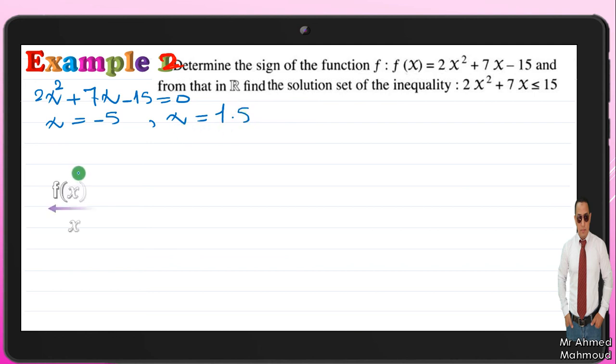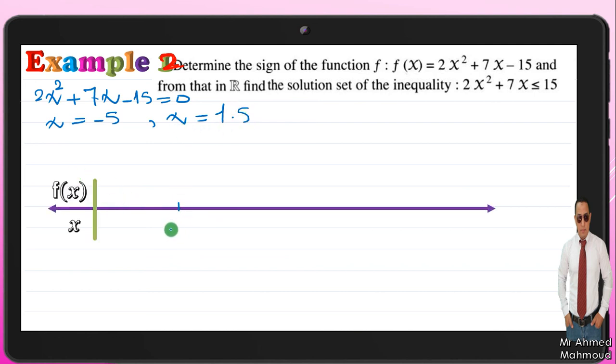Okay, the number line, negative 5 here and 1.5 here, infinity, negative infinity. This one gives me 0. This one also gives me 0. Okay, in between, opposite to x power of 2, x power of 2 is positive.